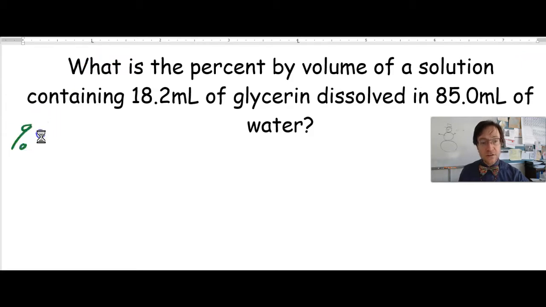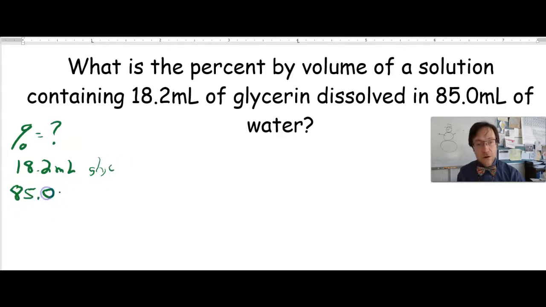It's still going to be my percent. The solution contains 18.2 milliliters of glycerin dissolved in 85.0 mL of water. This is one other little thing I want to show you. It's like a shortcut.